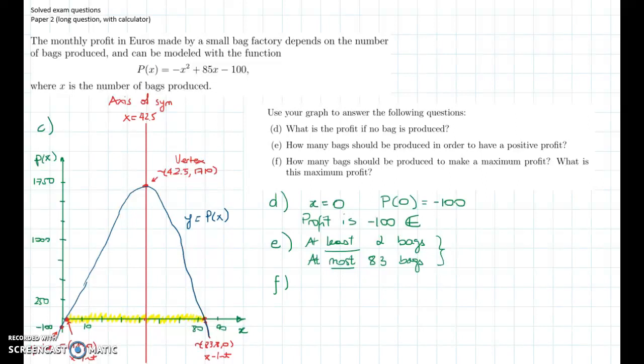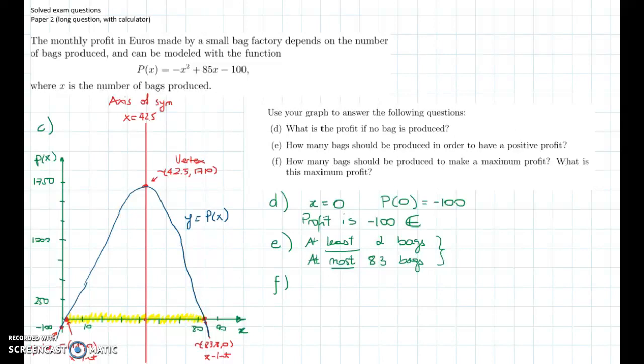For the last part, they are asking us how many bugs should be produced to make a maximum profit and what is that maximum profit. Okay, so we have a quadratic function, we have a parabola with negative concavity, so the maximum is given by the vertex. So our function has the maximum point when x is 42.5 and the maximum is approximately 1710.